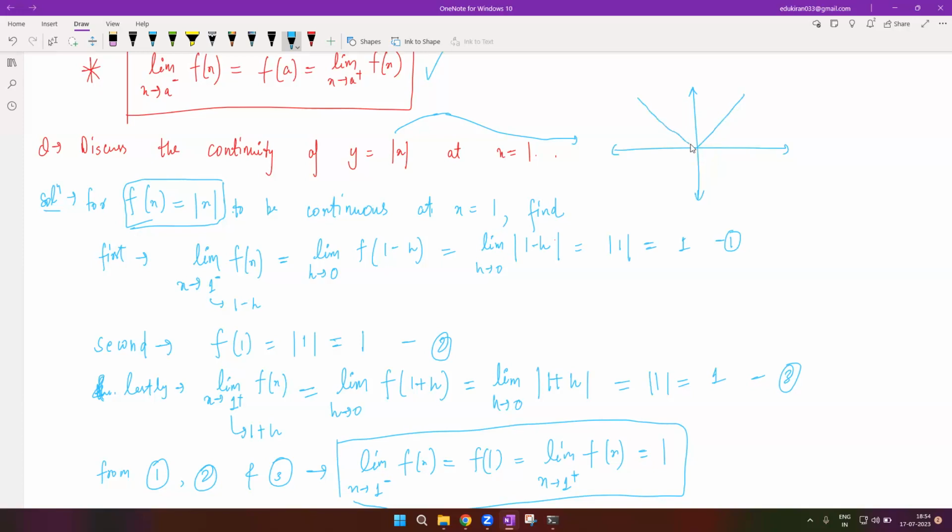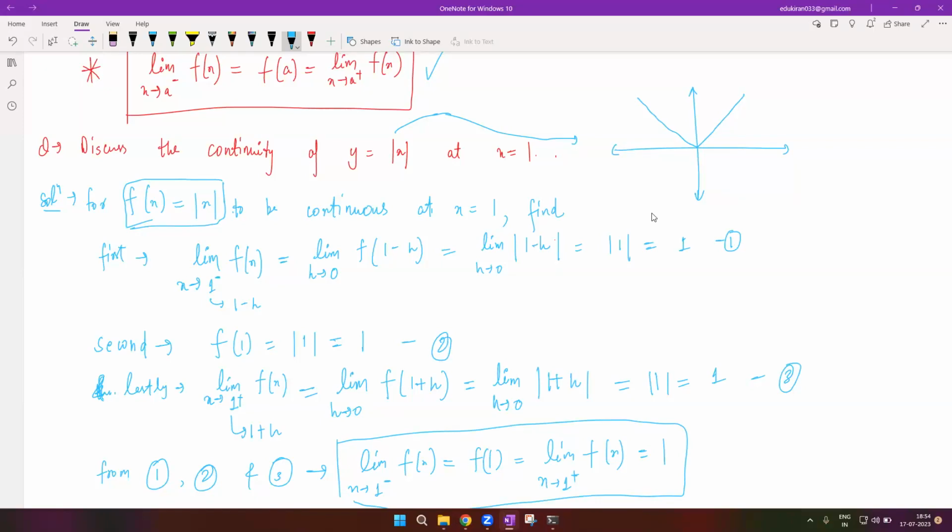The graph of mod x is like this, in the shape of V. Now you can check this graph is continuous at all points, right? If you check it at x is equal to 1, x is equal to 0, x is equal to 2, x is equal to 10, at whatever point you want, this graph is continuous at all real numbers.